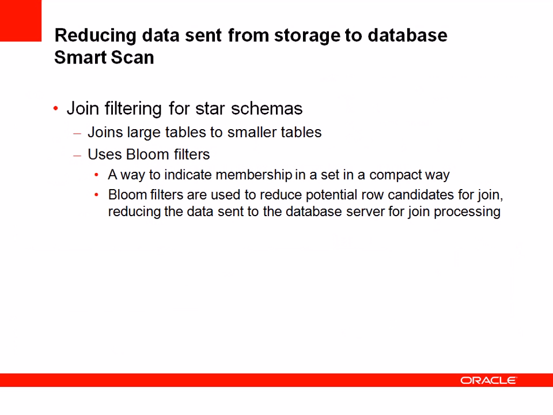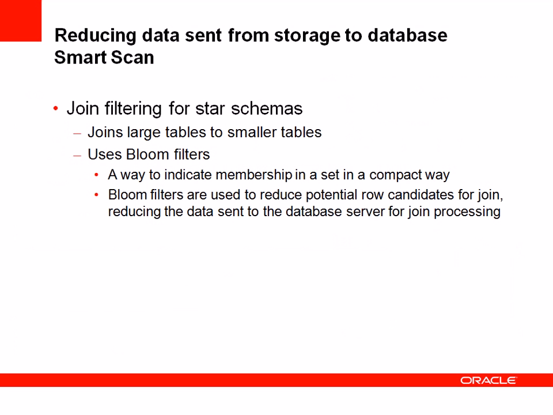The last thing that we use Smart Scan for is something called join filtering. It's particularly appropriate in terms of star schemas. Let me just explain how this works. A join, really, you can look at it as a dynamic where clause. You have two different tables. You want to join them together, and you say where the column in this table equals the column in that table. What we do with join filtering is, when appropriate, we create what's called a Bloom filter.